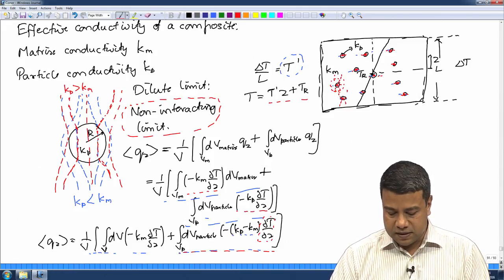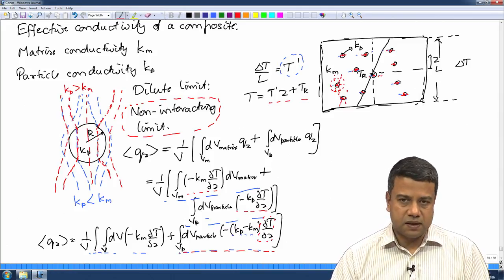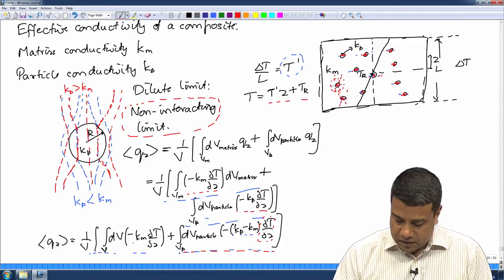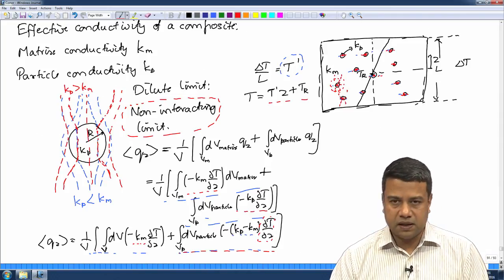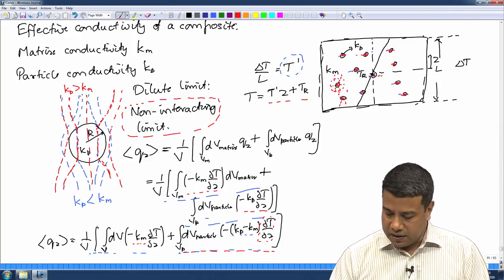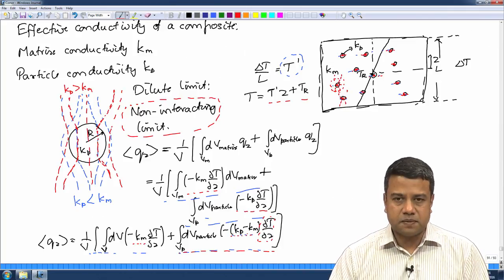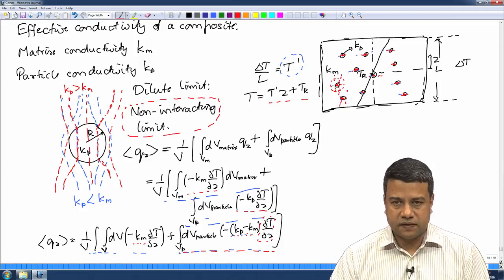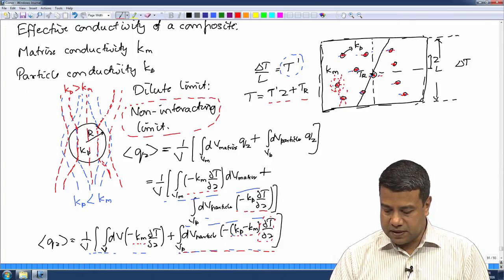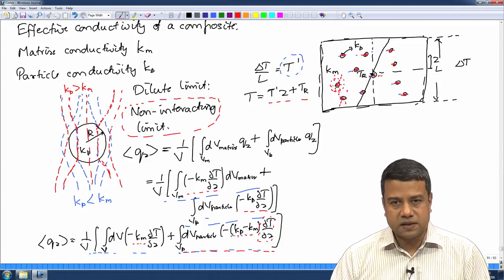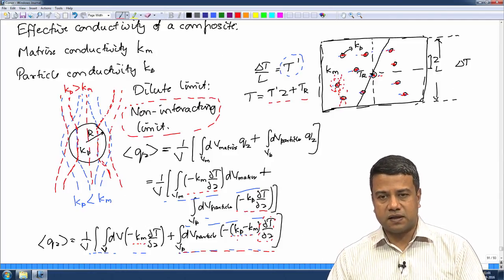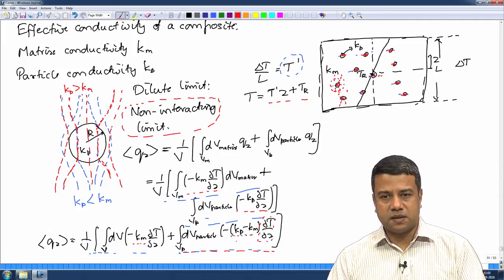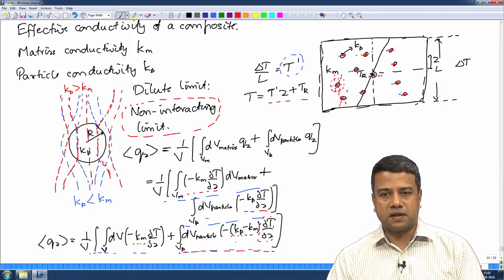And I had rewritten this as a summation, an integral over the entire volume of the matrix conductivity times dT by dz plus an integral over the particles alone. In the second case, I had taken the difference between the particle and the matrix conductivity. You can see that this second term here is just the difference in the flux due to the fact that the conductivity is different, the disturbance to the flux due to the difference in the conductivity.